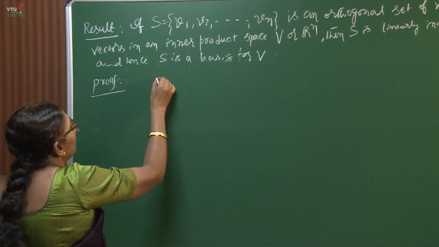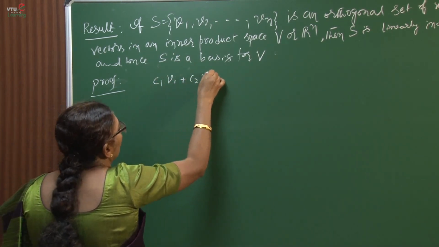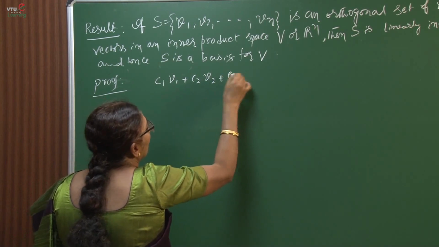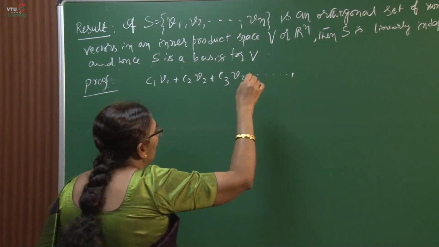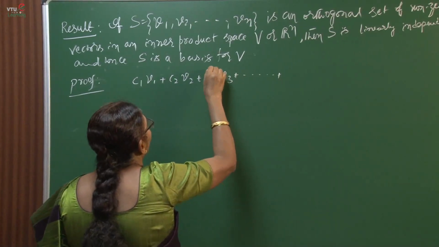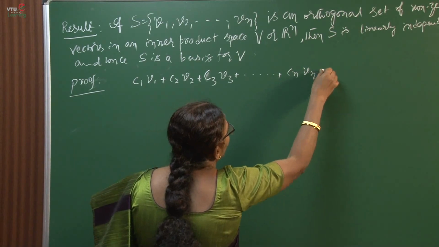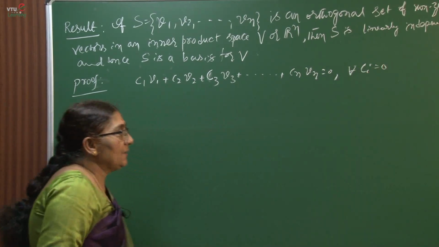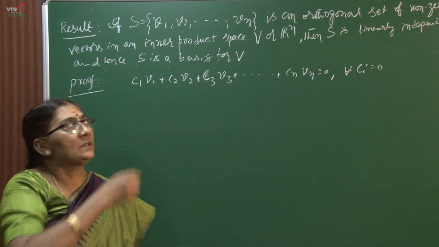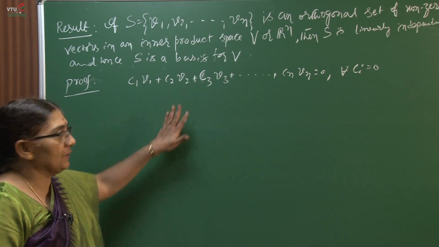It is enough to show that C1 V1 plus C2 V2 plus C3 V3 plus ... Cn Vn equal to 0 implies every Ci must be equal to 0. You already studied this definition of linear independence in the first module on vector spaces. Then we say that the set of vectors V1, V2, ..., Vn is linearly independent. I want to prove this.